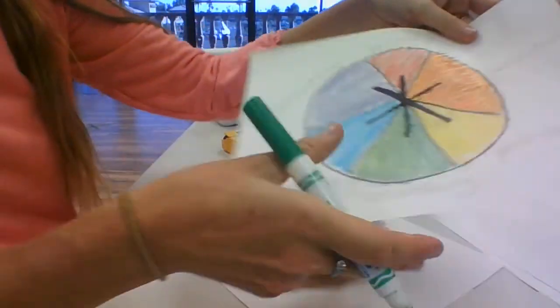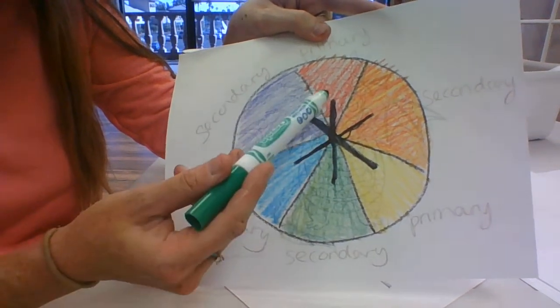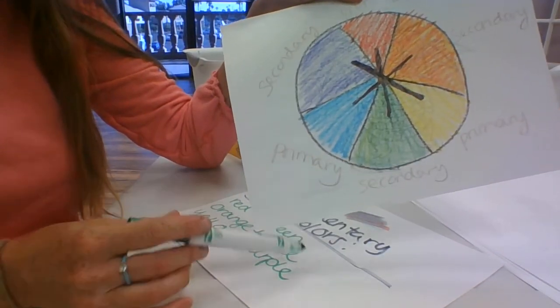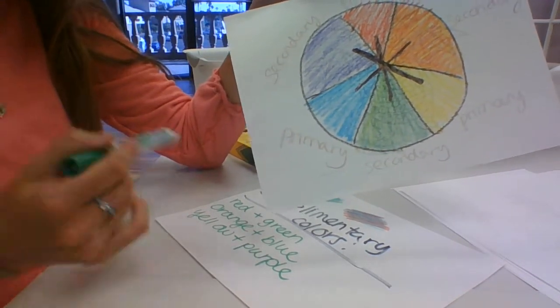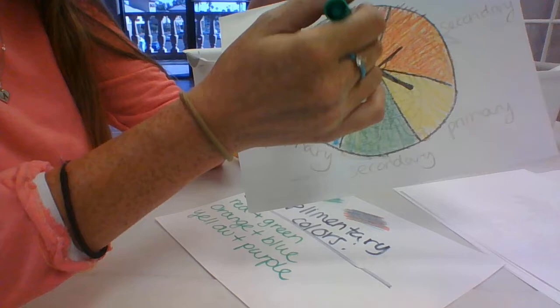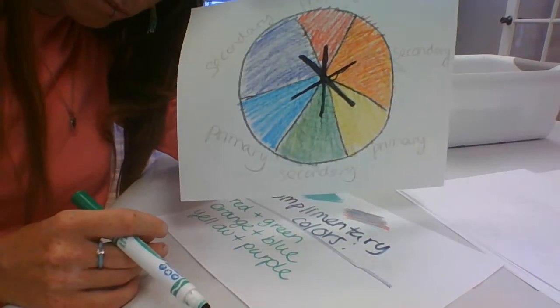Okay, and that's really all of them because now we just ask, what's the opposite of green? Red. We already wrote that down. Okay, so red and green, orange and blue, yellow and purple. Or you can call it green and red, blue and orange, purple and yellow. Doesn't matter. They're all the same. It's the same relationship. Okay?